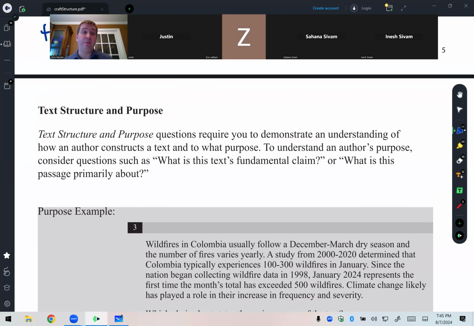We'll see some easy ones, but every now and then you're going to see a harder one that I think they're kind of pushing this tier 2 difficulty level, if it makes sense. I think that they are getting harder. So I just wanted to cover that, sort of just the difficulty level you should expect on the test. Next, we're going to talk about text structure and purpose.